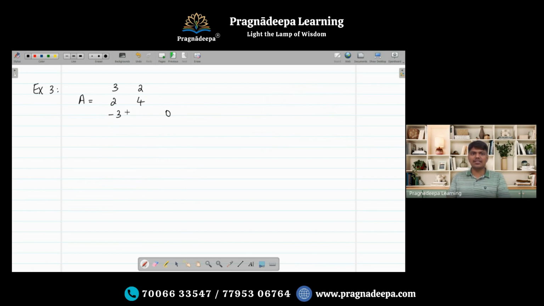Suppose if I write minus 3 here, I should write minus 3 here. And if I write 1 here, here also I have to write 1. So now, by just observing, can I tell that this is same as A dash also? Therefore, what is the conclusion about A? A is a symmetric matrix.